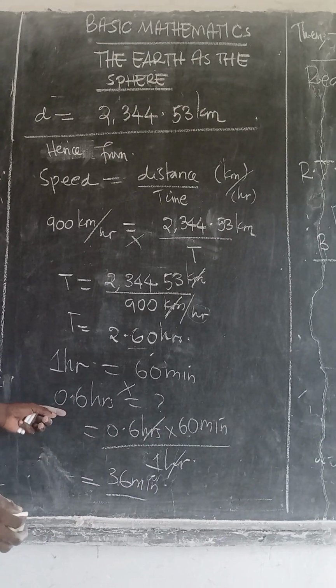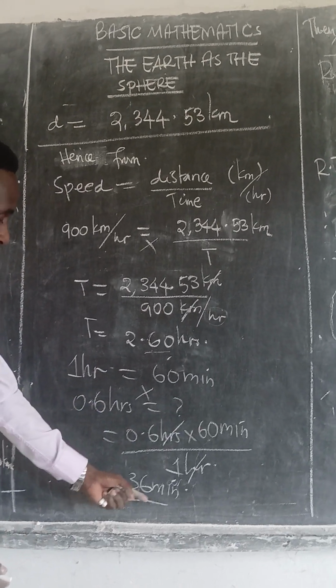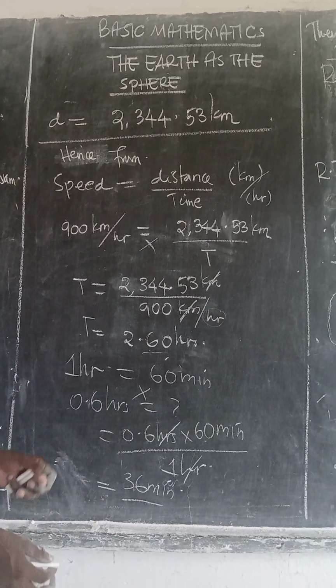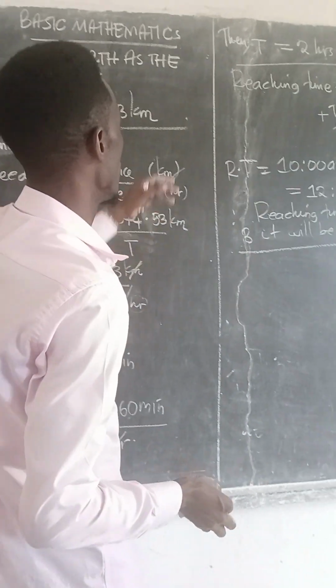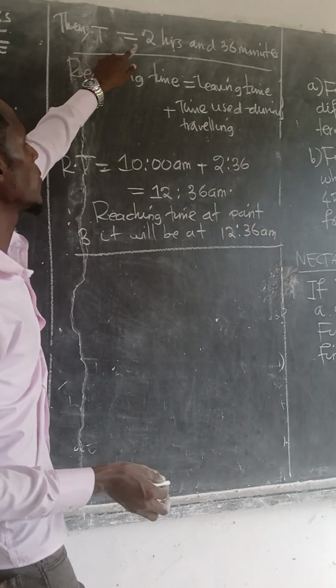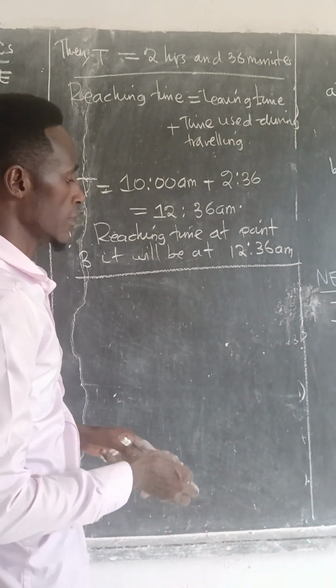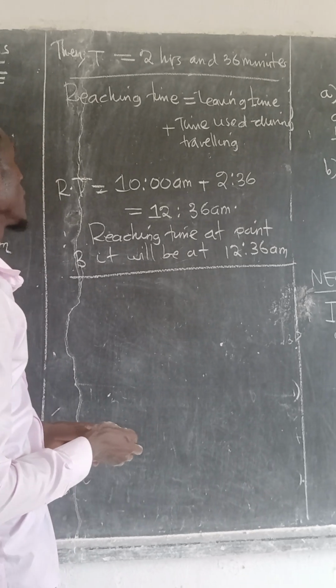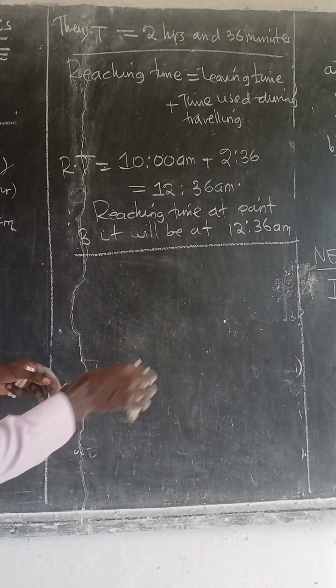So the time used is 2 hours and 36 minutes, used by the ship to travel from point A to point B.